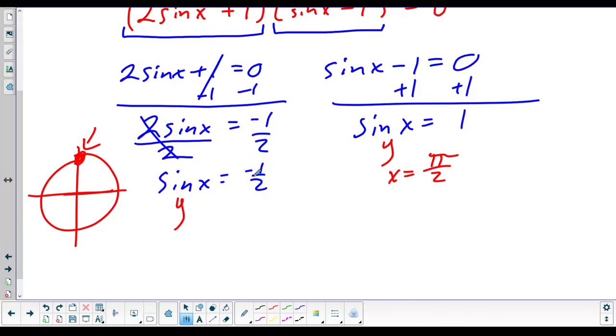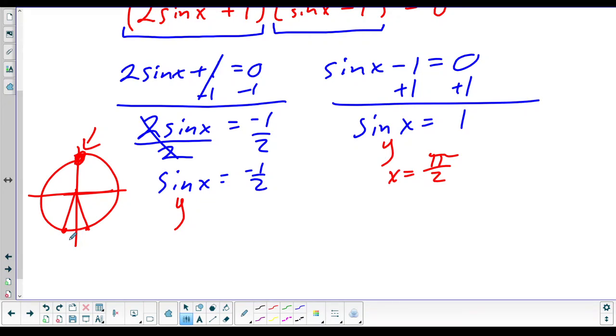Then for the negative 1/2, we are looking at this angle and this angle. So these two angles are, sorry, I wrote them down.